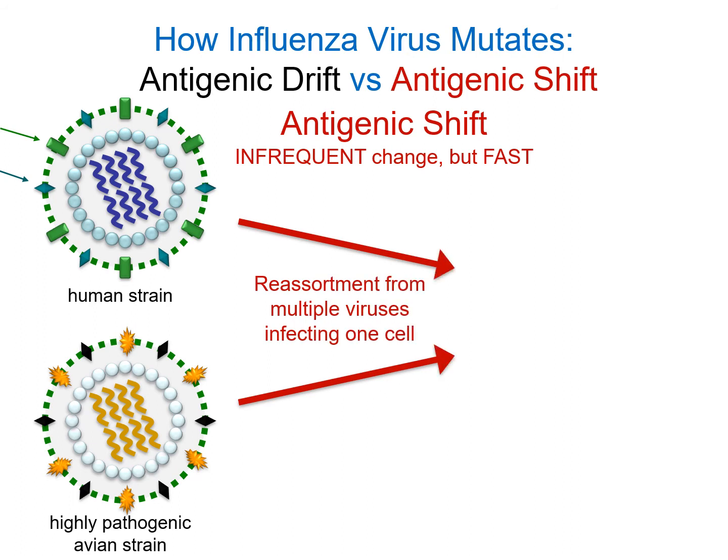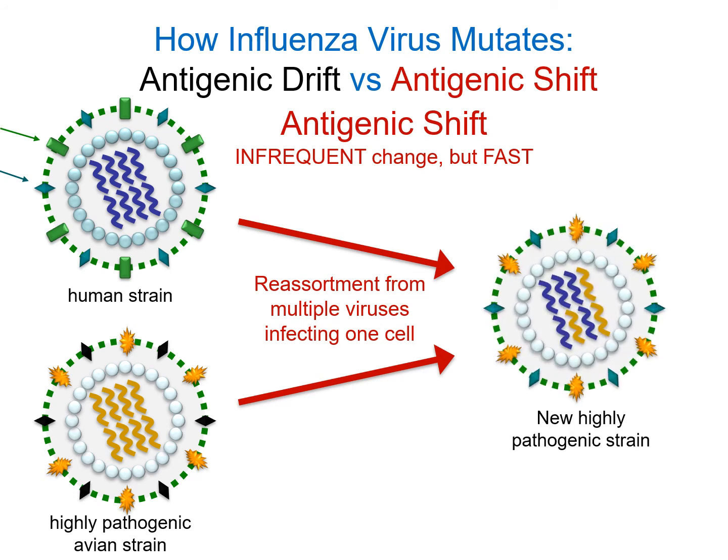Now imagine if somehow we have a slight change in either one of these two viruses so that they can now live in the same host. If they can infect the same host, then it's possible that we could get swapping of proteins and genetic material between these two strains, and we can suddenly come up with something that's different.